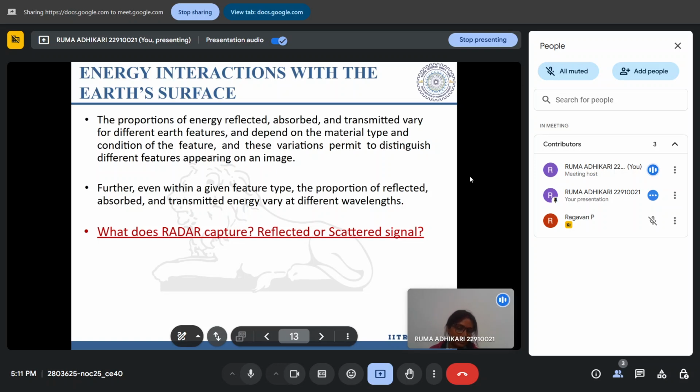With scattering, suppose one signal is transmitted and hits the target, and it gets reflected in every direction, so it is called scattered. But why backscatter? The radar sensor captures only that part of the reflected signal that is directed towards the sensor.